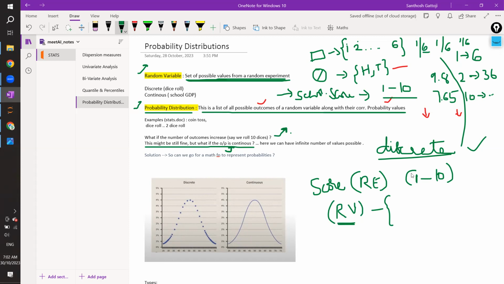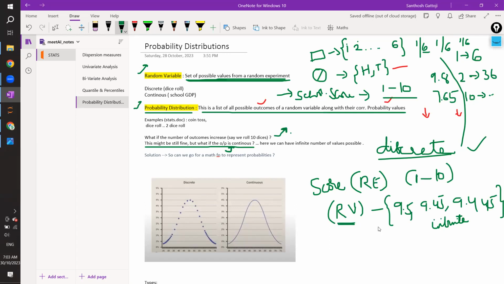But for a school score, you can get 9.5. 9.5 is also possible, 9.45 is also possible, 9.445 is also possible. Between any two numbers you have infinite numbers. So from 1 to 10, infinite values are possible.